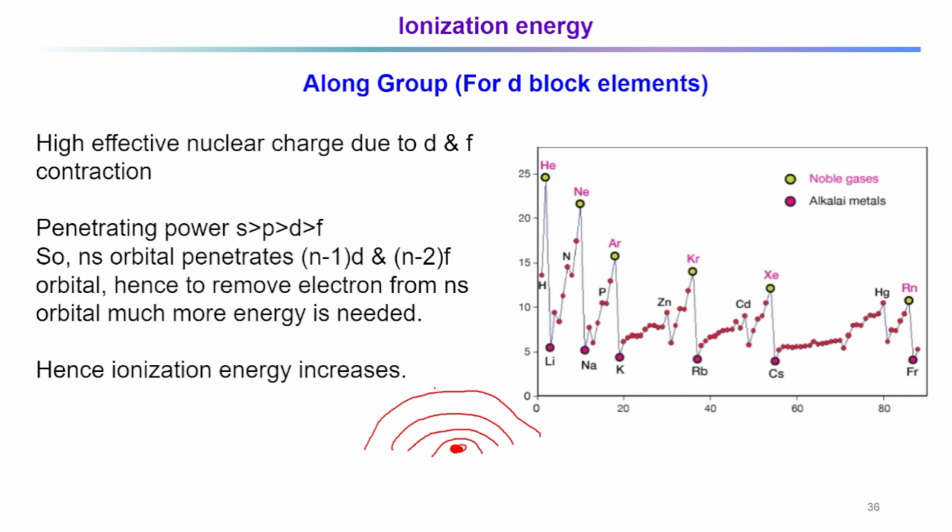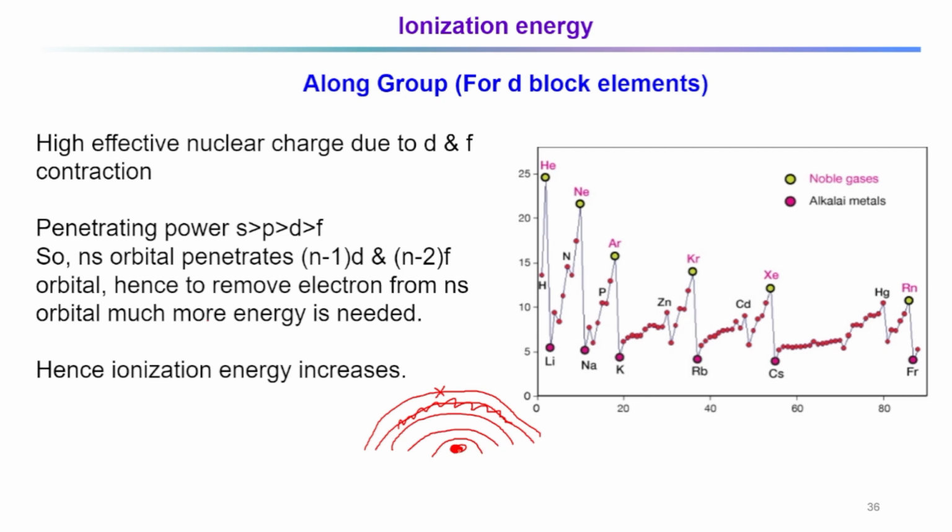Now when we consider this electron, let's put one more orbital here. And let's consider that these are the d electrons we have here. If we have d electrons here, these d electrons are actually diffused and they have lesser shielding power.